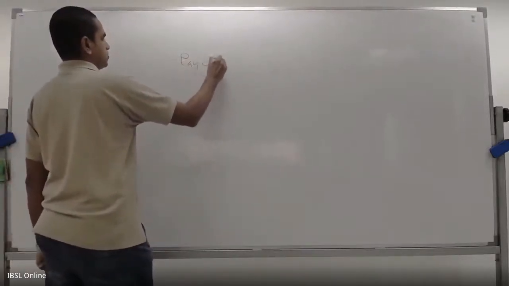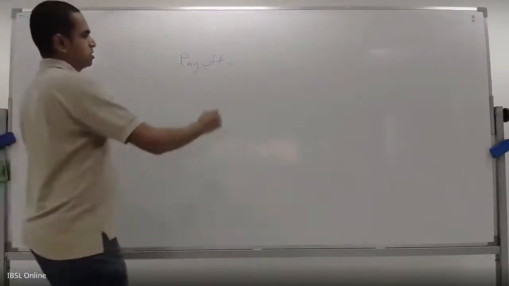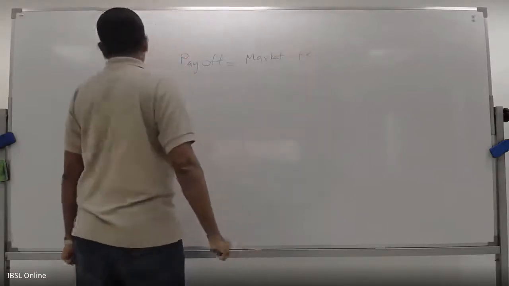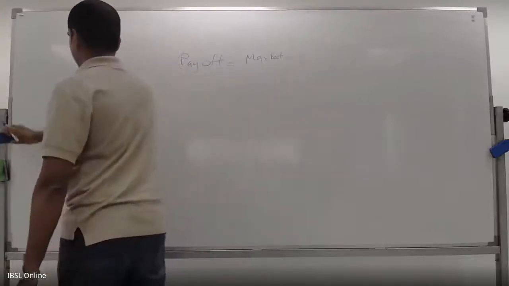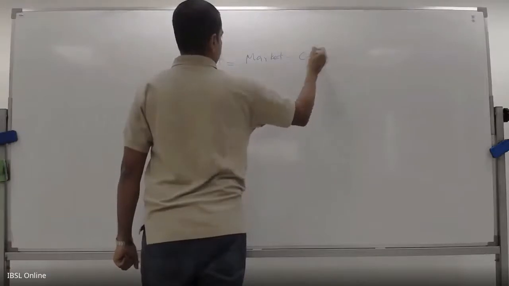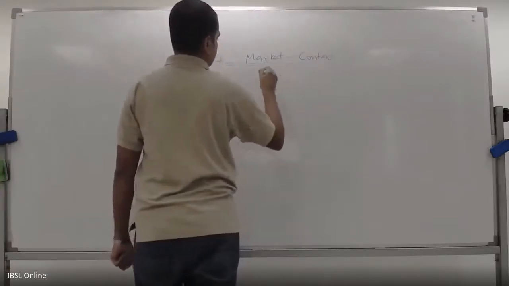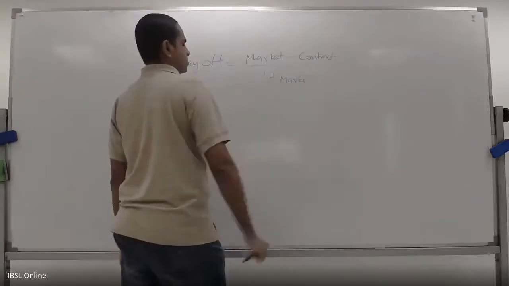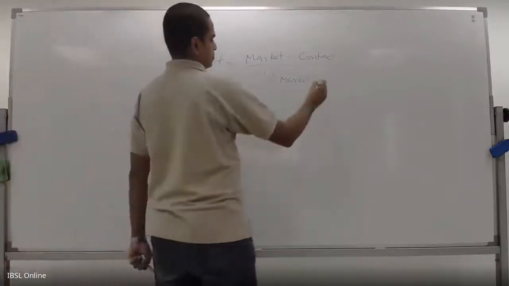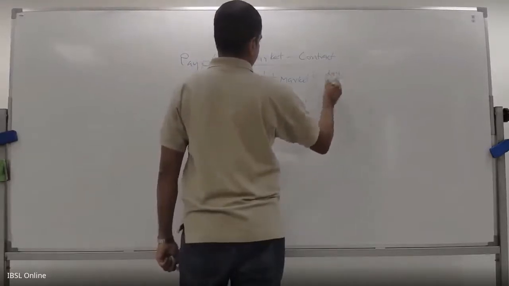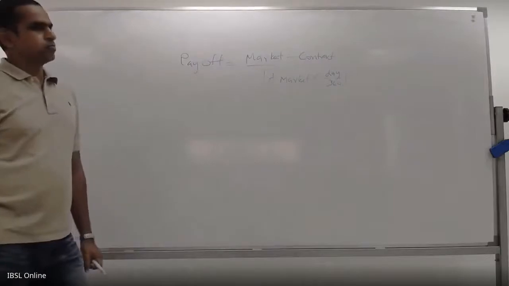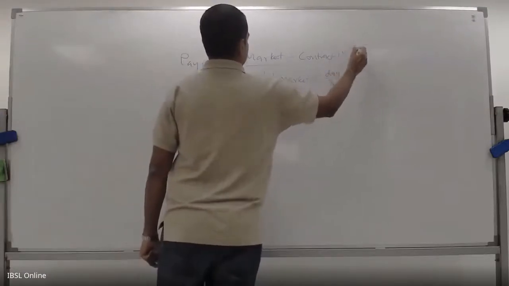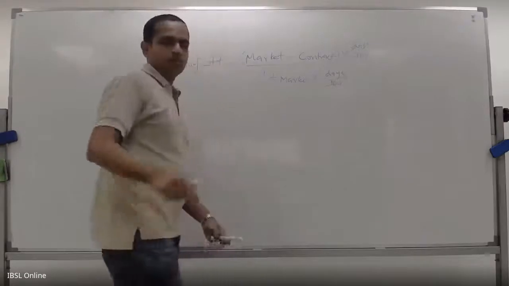Payoff is equal to the market rate minus the forward rate, the contract rate, divided by 1 plus market rate into day count. Let's fix the bracket.